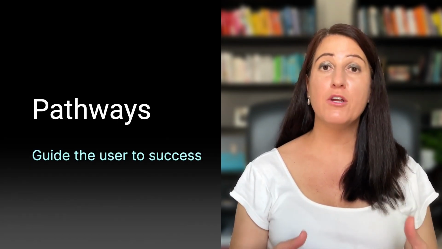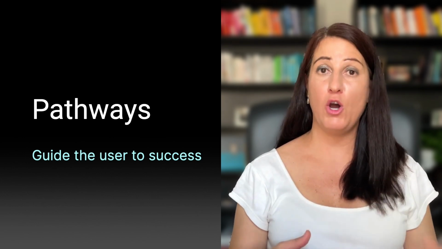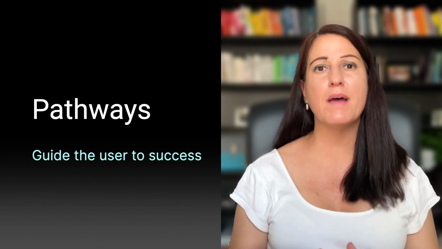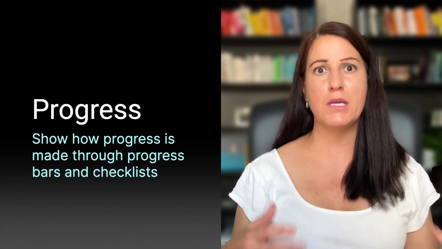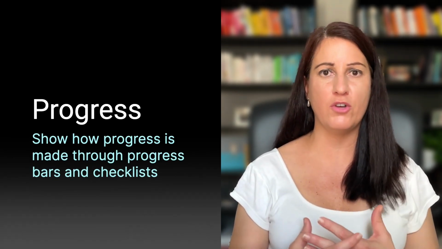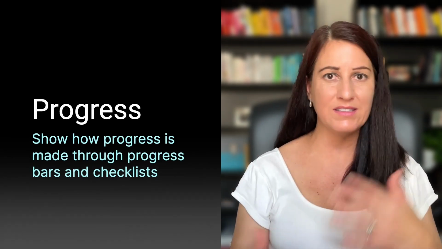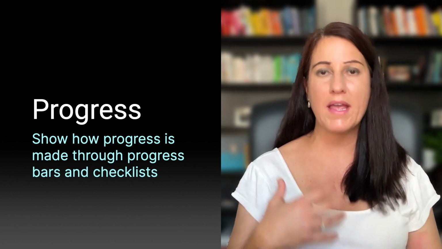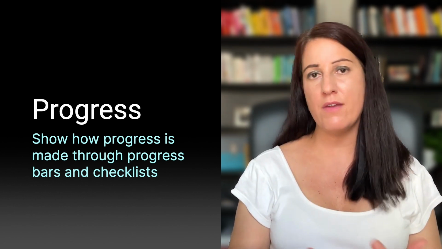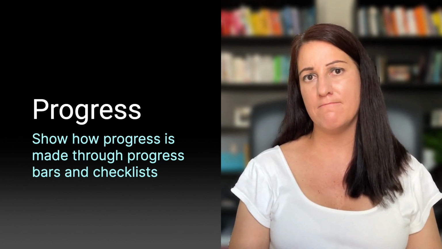You can give clear pathways to success, help a user along in this experience, especially in onboarding. You can be positive in microcopy, saying good job and keep going, encouraging that behavior. You can reflect progress. People love progress bars to show that they're getting work done or checklists that they can check off. These are ways to encourage behavior through your experiences.